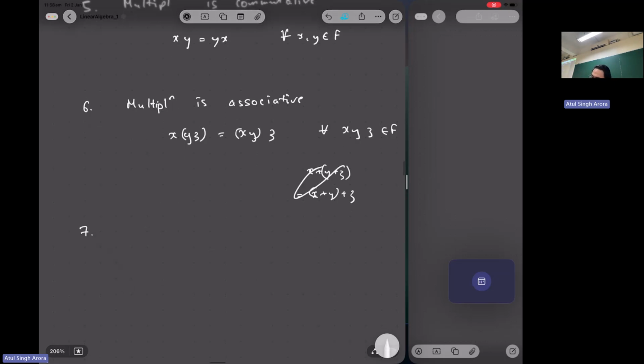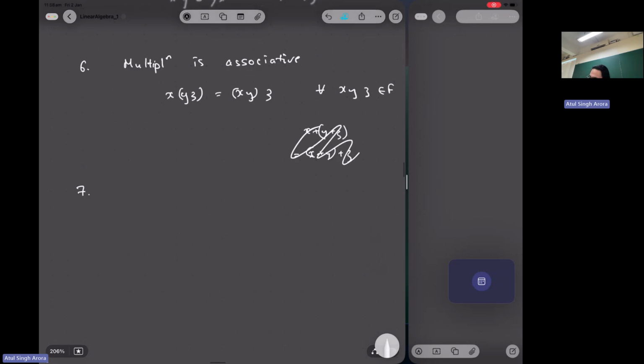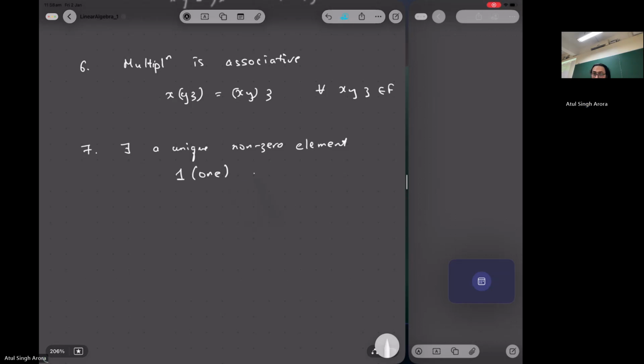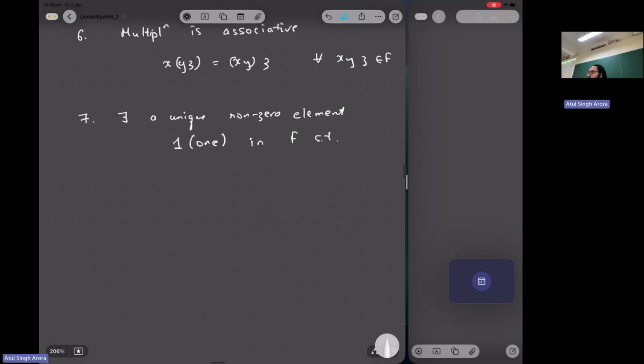So let's take this out for now. Using the tablets, I can erase it easily. So number 7, now here's the analog of the identity. There exists a unique non-zero element 1 in F such that, now we want the identity for multiplication.